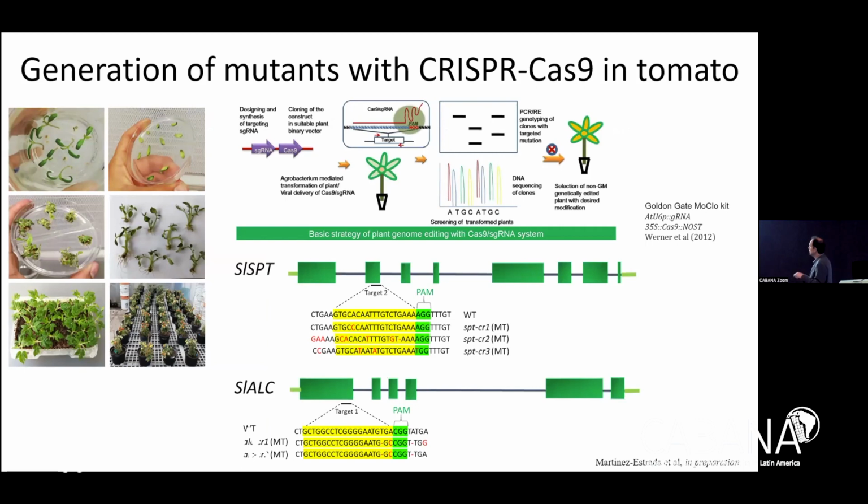In tomato, there are two genes: SPATULA and a very close paralogous gene. We created different mutations, changes in amino acids, or for instance stop codons, and also truncated proteins.